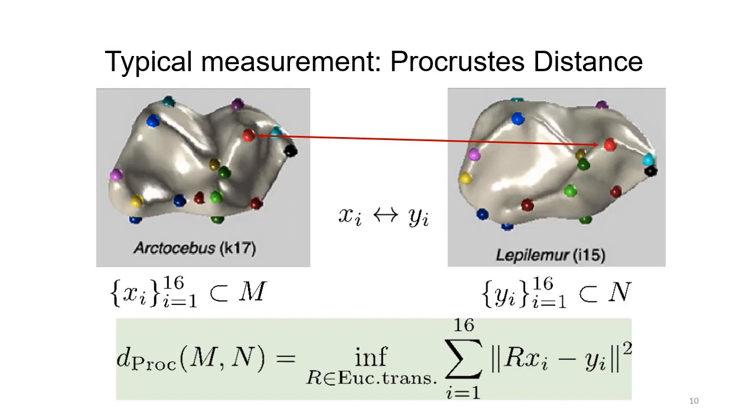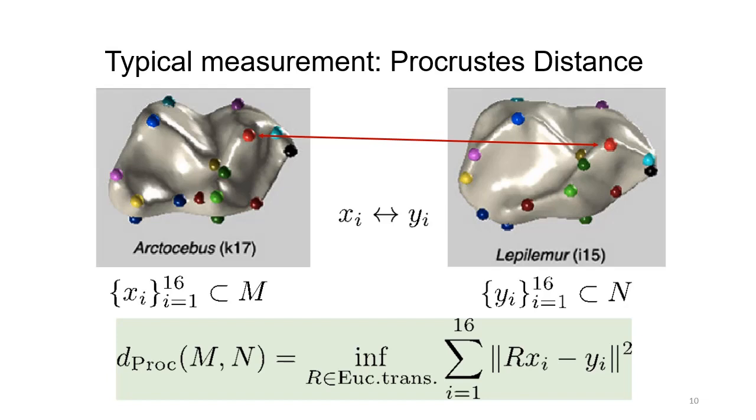I color coded the correspondence. Let's say X1 is the orange on the left, Y1 is the orange on the right. So X1 corresponds to Y1 and X2 corresponds to Y2, and the correspondence is shown by the color.